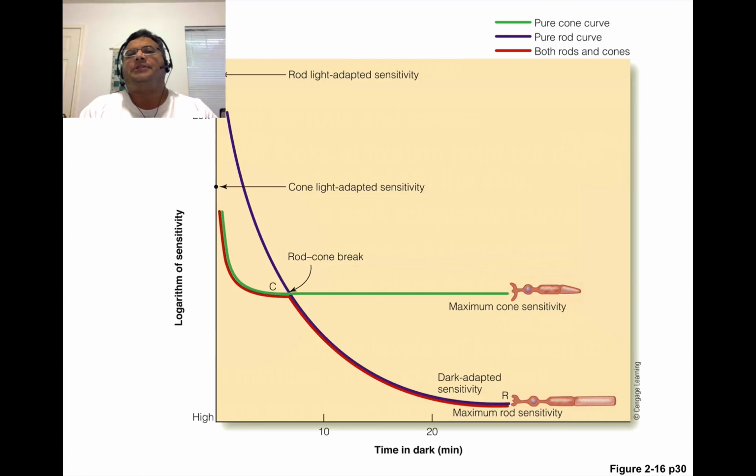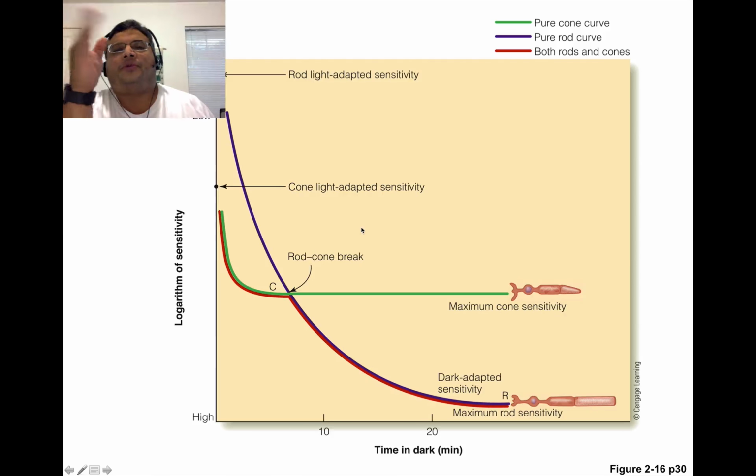And this is to illustrate to you the different role that the rods and cones play in allowing you to be more and more sensitive to light, or to adapt to the dark and adapt to the light. Let's look first at the red line. Okay, this is your vision with both rods and cones firing away.